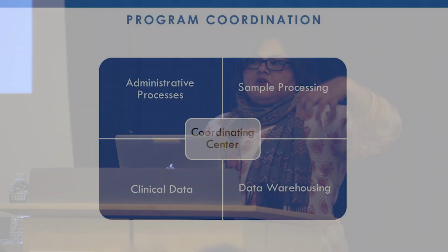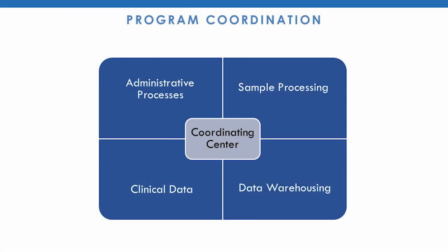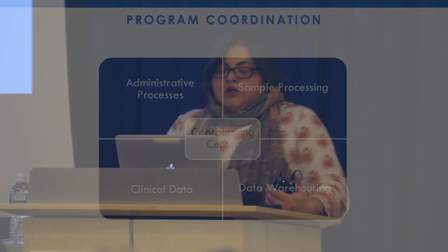We built a federated program with centralized governance, and by that I mean we are a centralized hub to coordinate administrative processes, sample processing workflows, clinical data collection, how and when data is collected at various sites, how and when data is transferred to us, how we disseminate the data. And in order to do all that, we also need to work out data warehousing solutions.